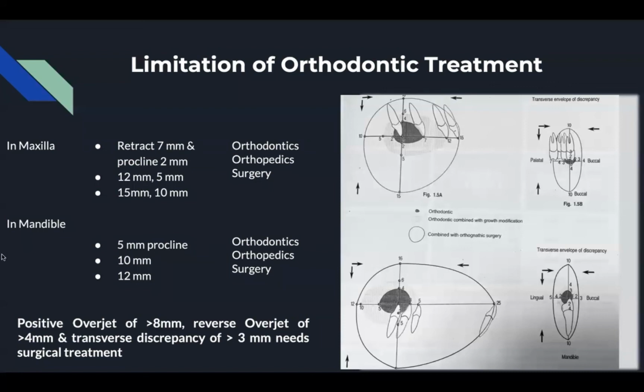So this is your boundary, which you should always remember. You see the overjet, the reverse overjet, the transverse discrepancy, the crossbite. And if any of these figures make you feel it's surgical, do not start with orthodontic treatment planning. You should do the surgical planning, and you start with the surgical intention.